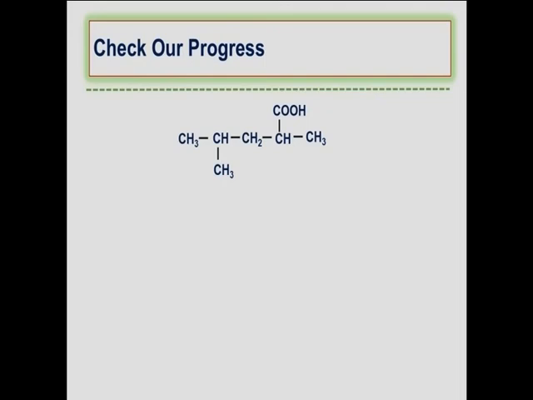So which one is the longest carbon chain? Since there is a carboxylic acid as a functional group, you have to include that in the parent chain. So the longest carbon chain for us is this, or it can also be the other way. Let's take this as the longest parent chain. What next now?